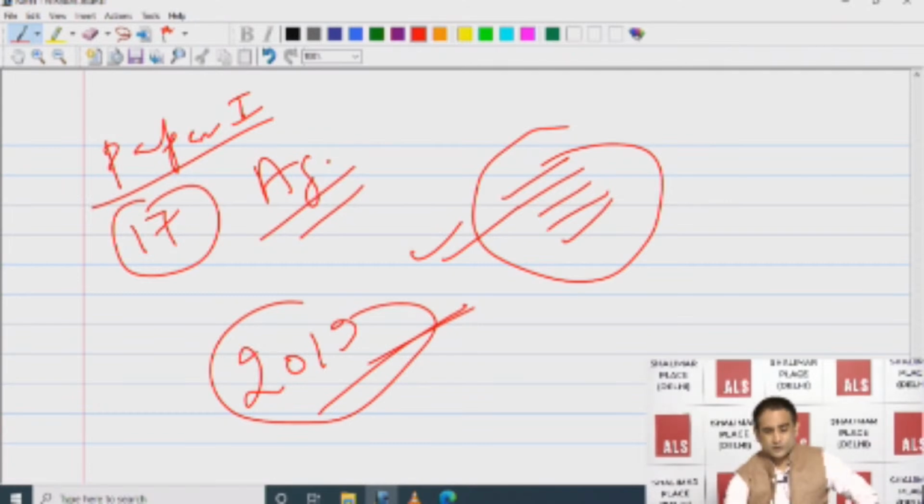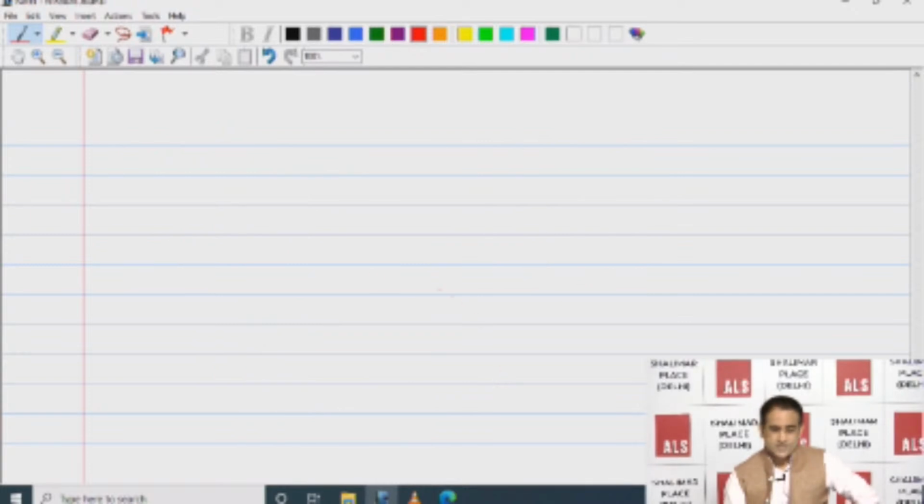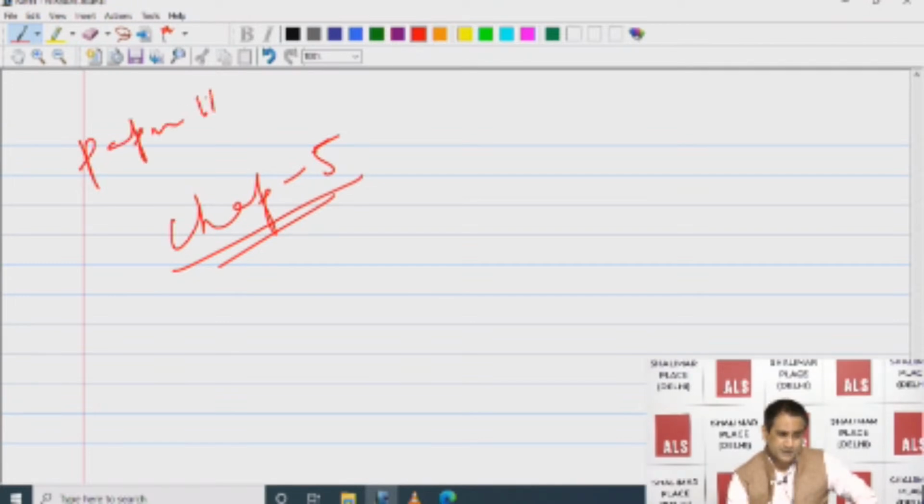Now, suppose we discuss one more topic example. In Paper 2, chapter 5, detailed syllabus, they have directly mentioned the introduction of Western education and activities of the Christian missionaries.